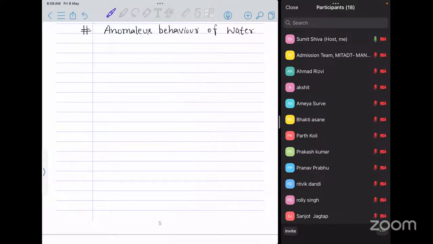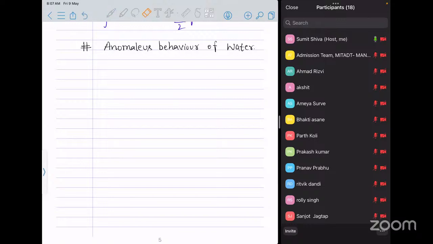But in case of water, there is something different, which is known as anomalous behavior of water. Anomalous behavior of water means it is not behaving in the same way as other liquids do. So what is the behavior?